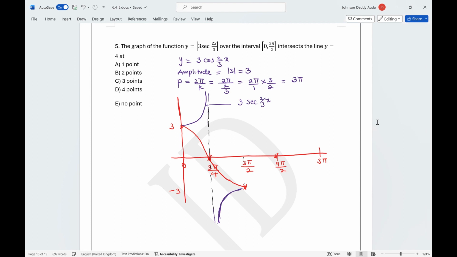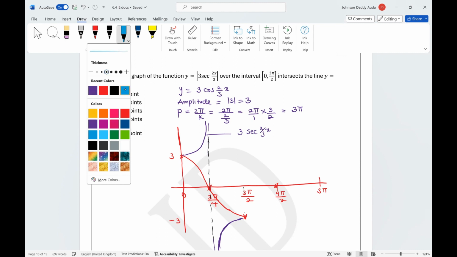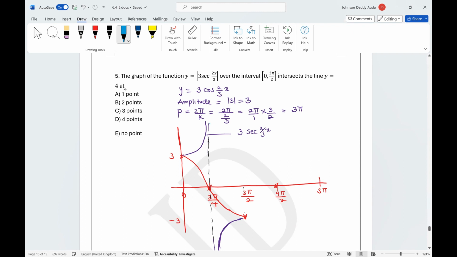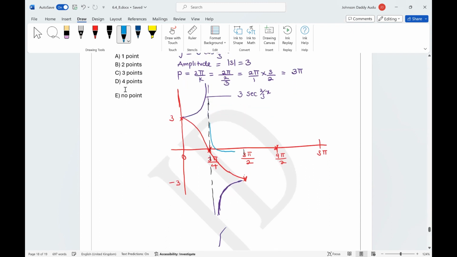And if you reflect it across the x-axis, it will become something like this, as 3, right? This is coming from the reflection of this one.